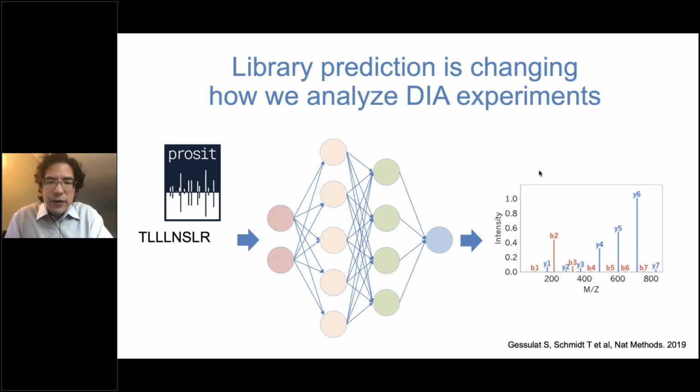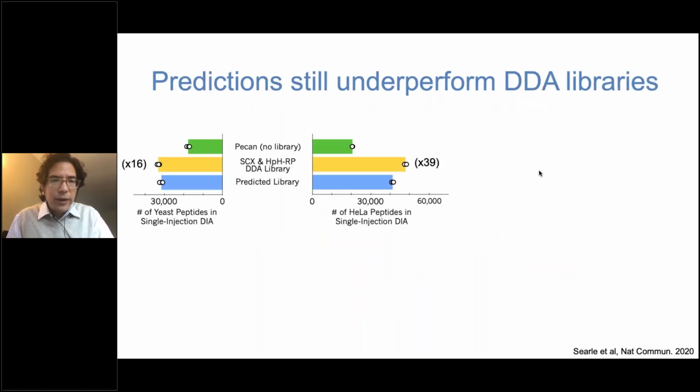It would feed that into a neural network and then estimate what it thought fragmentation patterns and retention times would be for that specific peptide. And then these can be used to do library searching in the future. So it essentially forgoes the DDA generation step. I think this is an extremely powerful method.